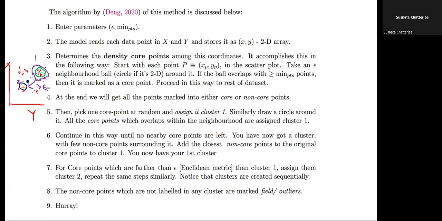We notice that the clusters are created sequentially. Finally, say there were some points here. They were not included in any cluster, so they are marked as noise or outliers.